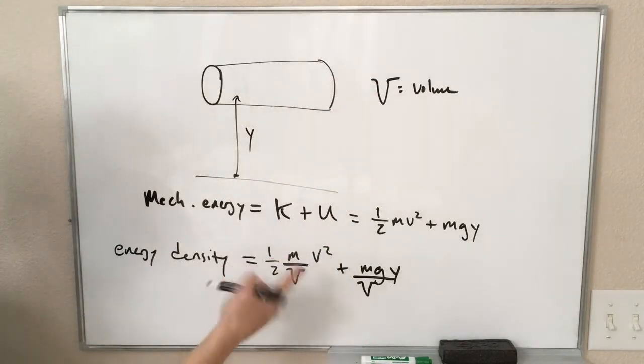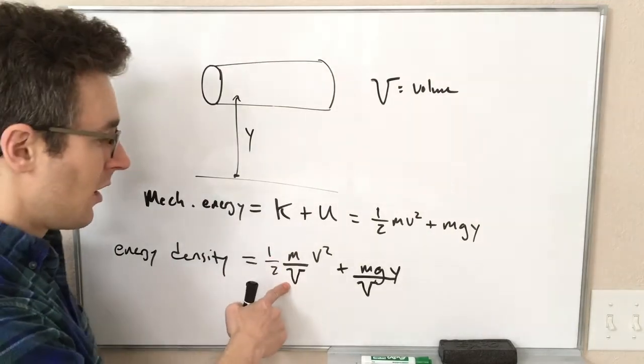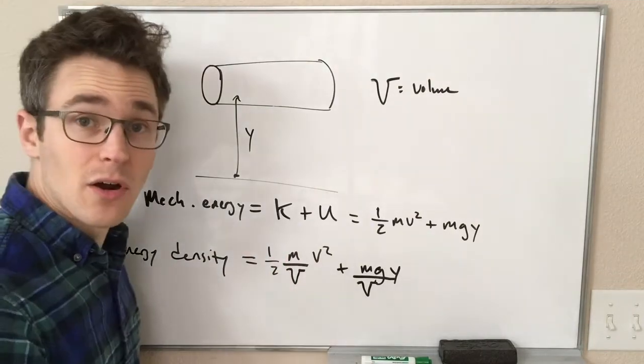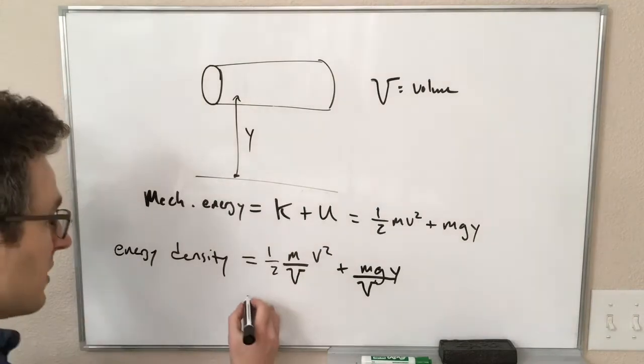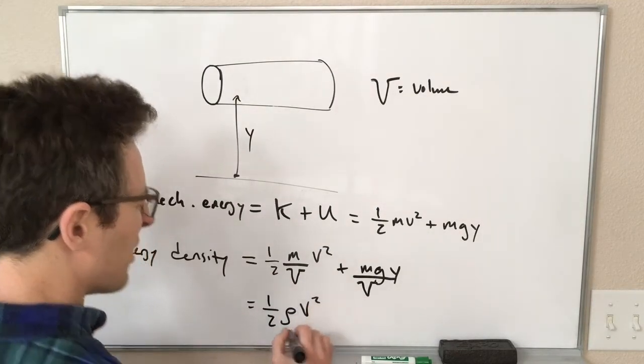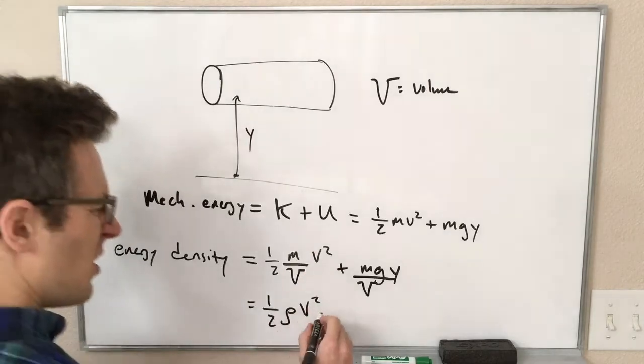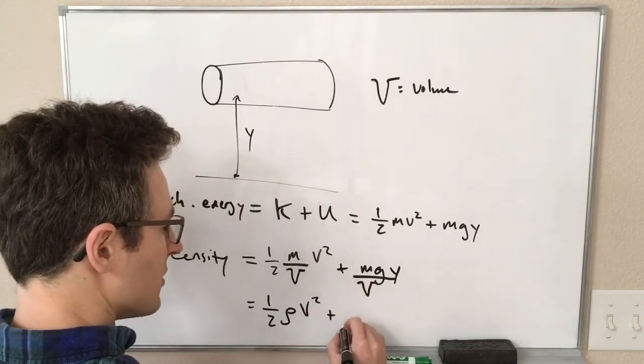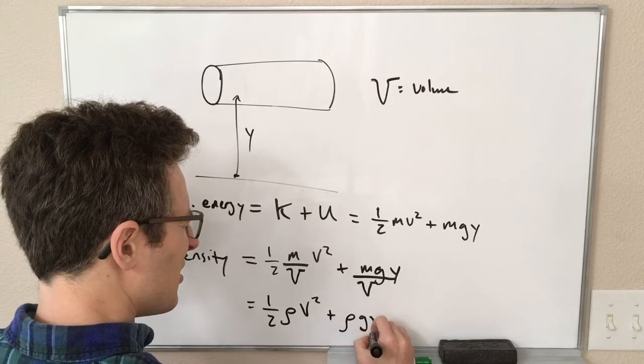Notice this m over V, mass over volume, is our fluid density. So this becomes 1/2 rho v squared, where this v is our velocity, plus m over V is rho gy.